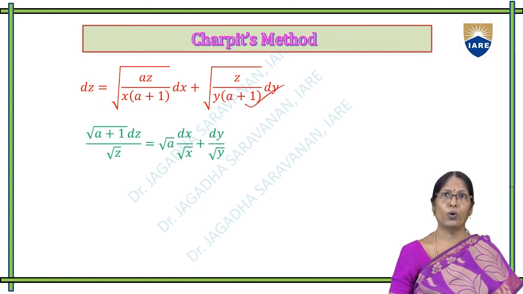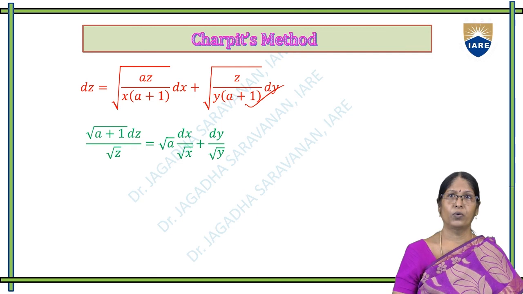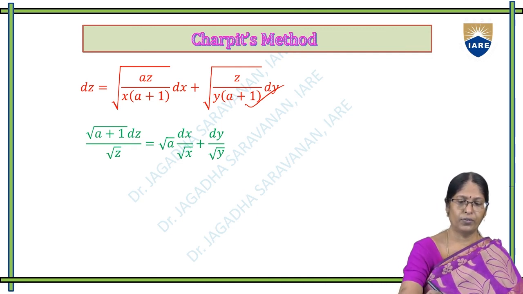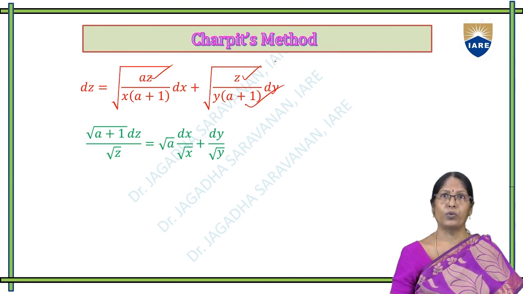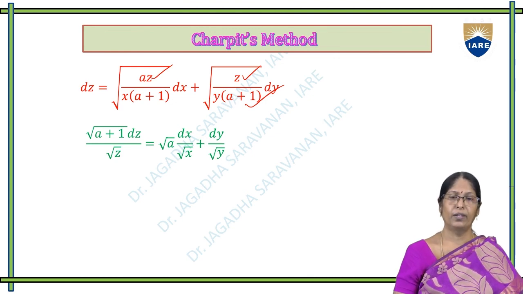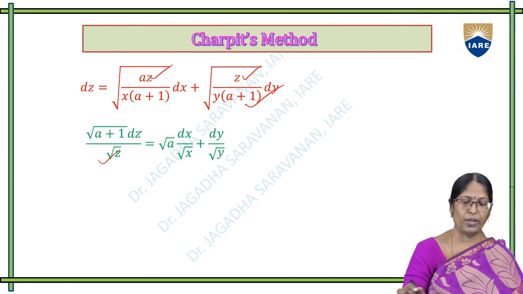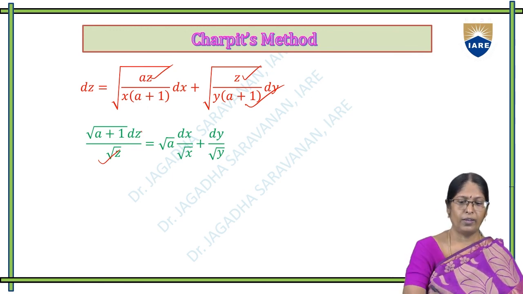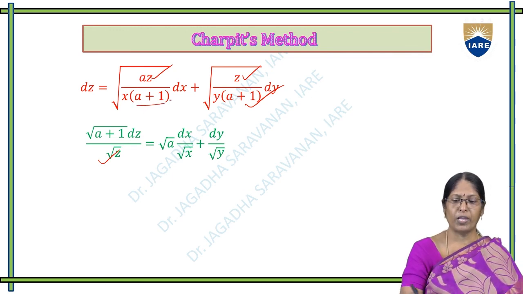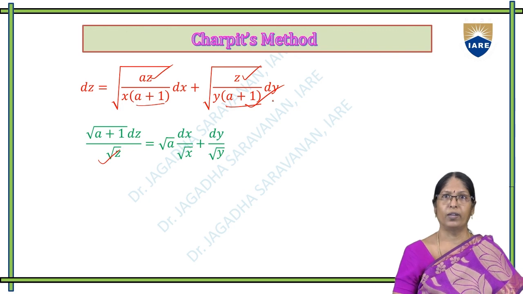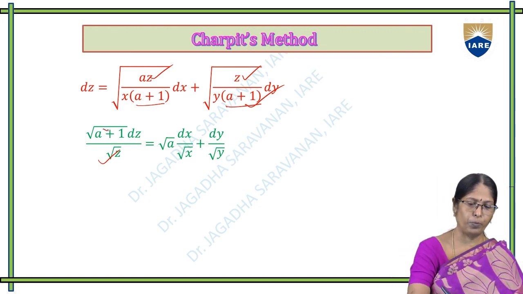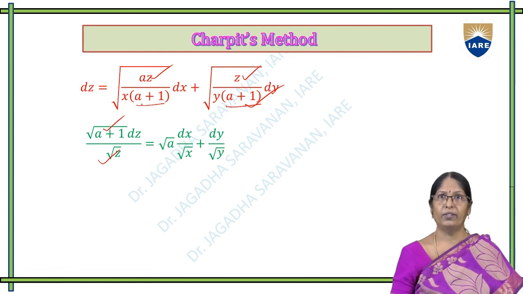So now we are going to push whatever the z terms and all to one side. We are noticing here z is there, that is square root z is there, that we push to the left side. And here also a plus 1 is common, root a plus 1, that is also we push to the left side.